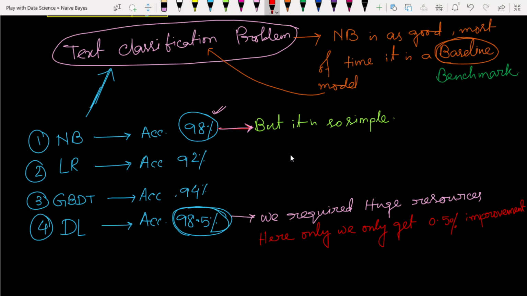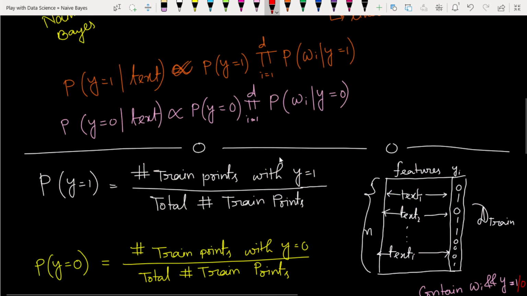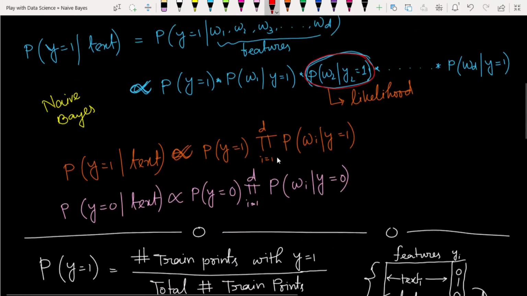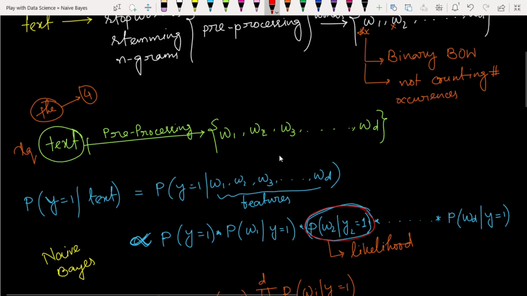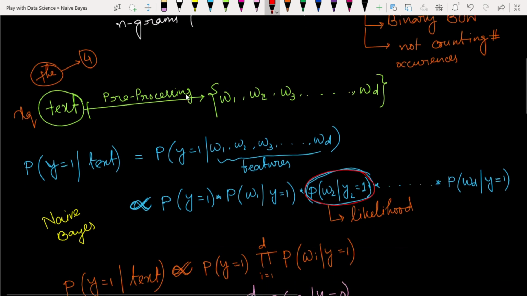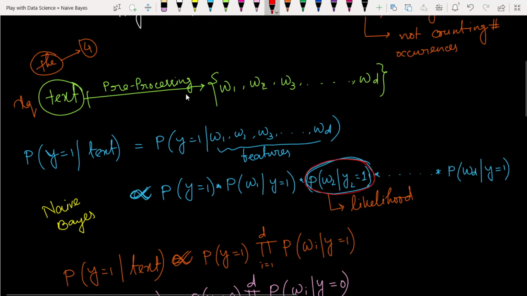I think you can see how important naive Bayes is for its simplicity and sophistication, why we take it as a benchmark model, how it is required for a text classification problem, and how simply we can build a text classifier, and why it is important for spam filtering and for classifying review data sets. I think from this lecture it will be clear to all of you. Okay, bye, we'll see you in the next lecture.